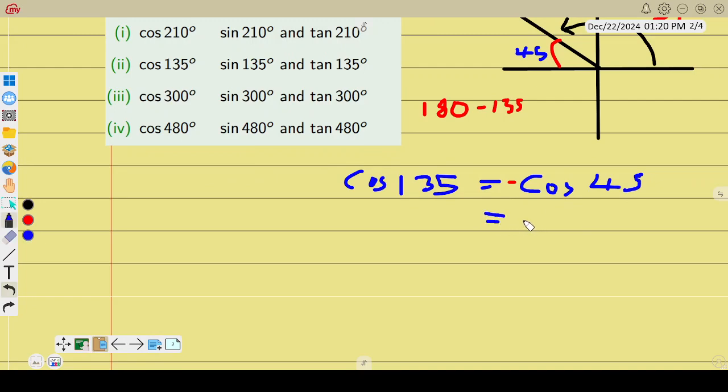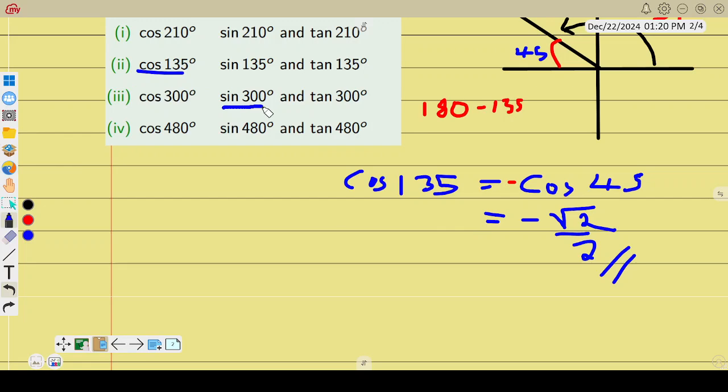What is cos 45? By now you can manage to know that it's root 2 over 2, so the answer is negative root 2 over 2. But if you can't manage, you remember the hand rule. So here we've answered. We are done. It's a baby question.